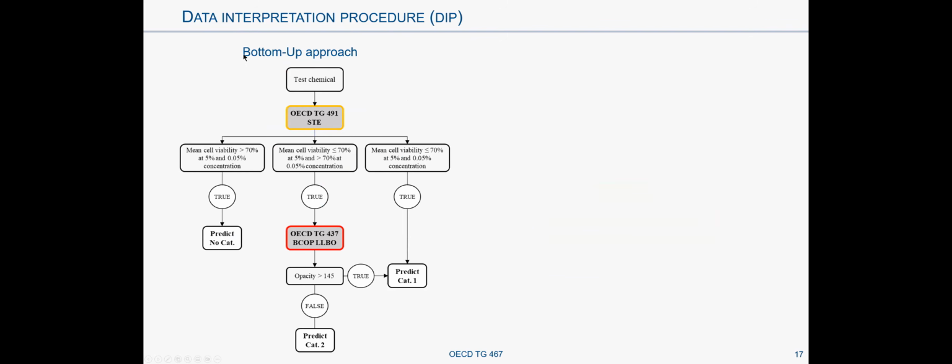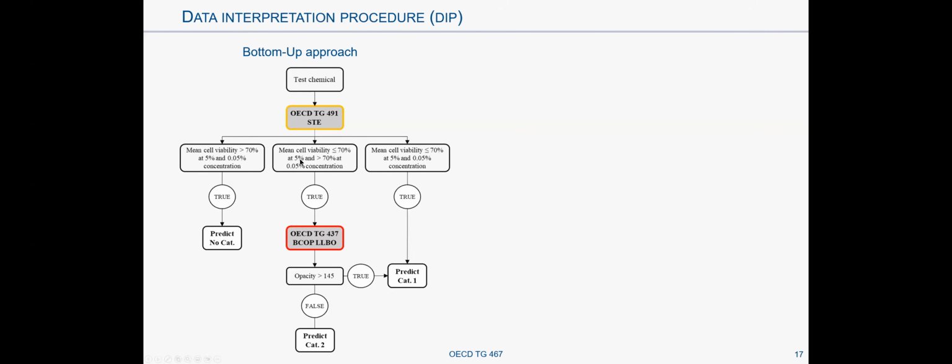Here you can see the scheme for the bottom-up approach. In the STE test method, the test chemical is applied to the cells at a 5% concentration and at a 0.05% concentration. If the cell viability is above 70%, then the chemical is predicted no category. If the cell viability at both concentrations is below 70%, then the chemical is predicted category 1.